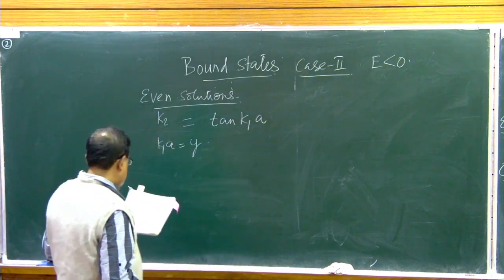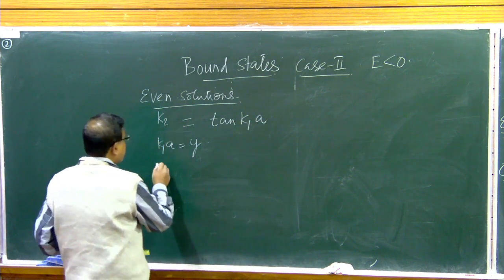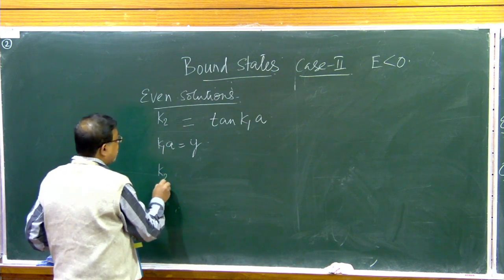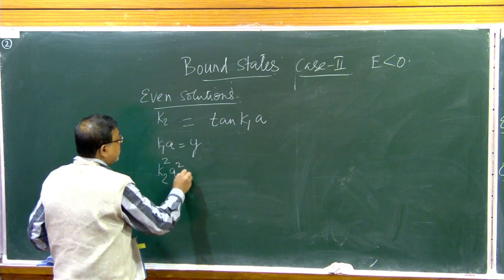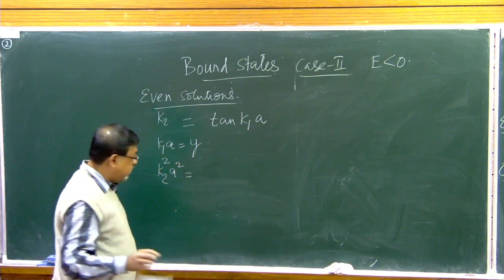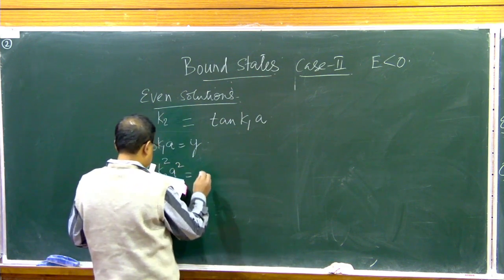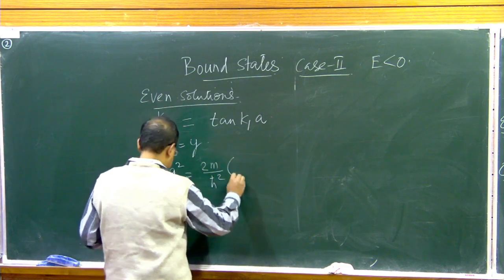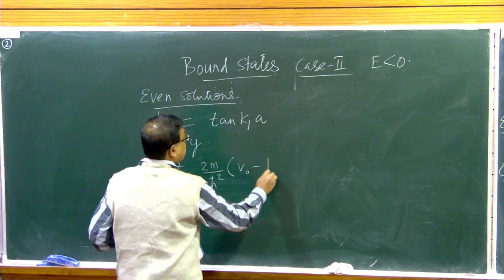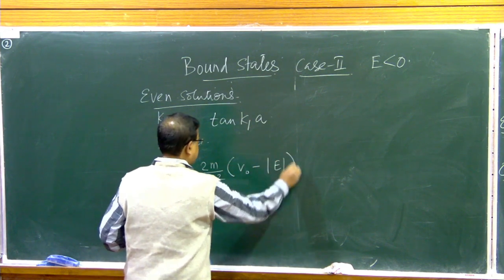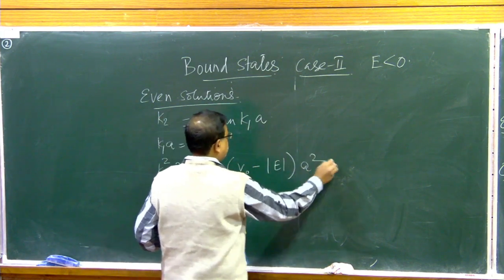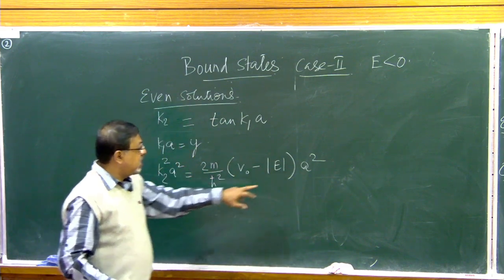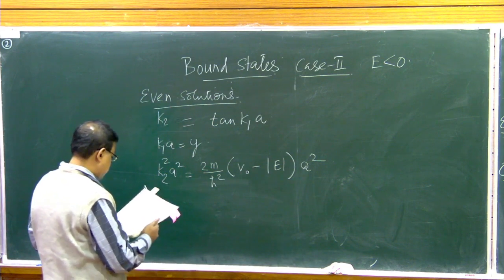In that case, your k2 square a square, recall the definition of k2 that we have given, which is 2m by h cross square into V0 minus E, into a square. That's your k2 square a square.